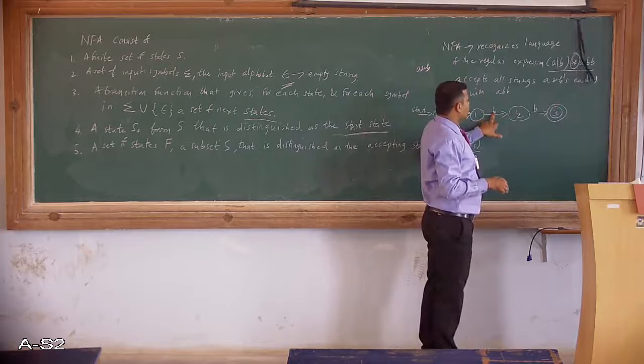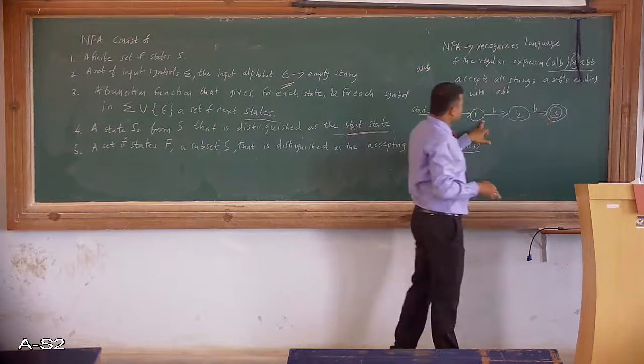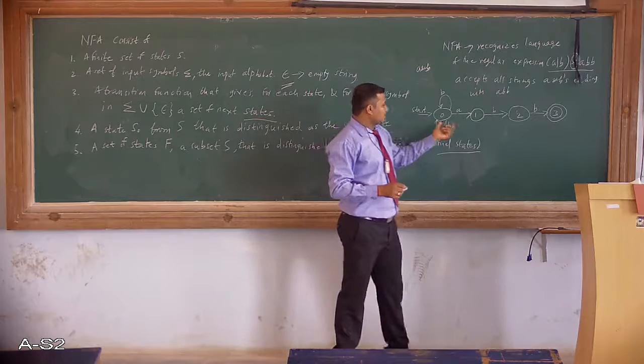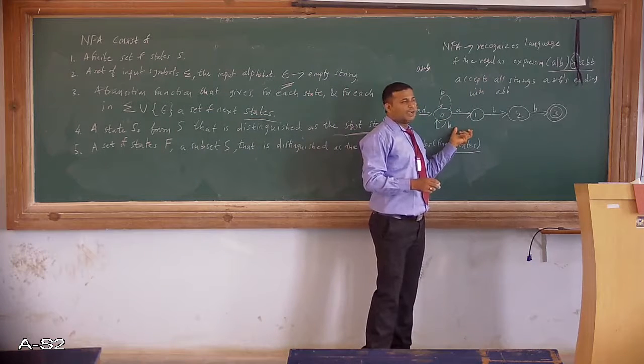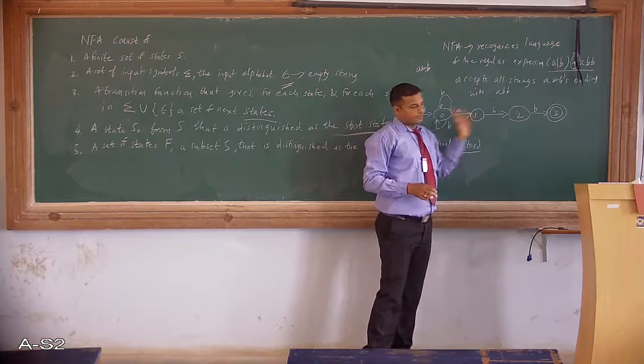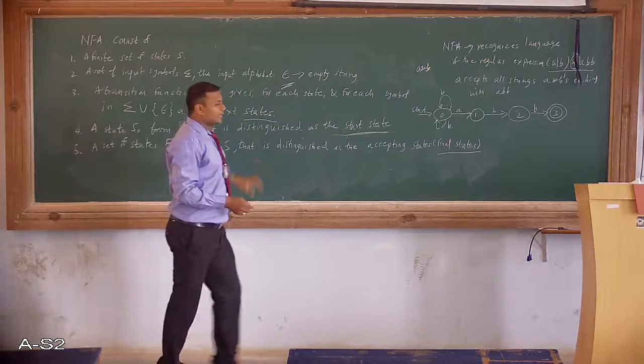Then similarly for the input of B, it is going to give the next state. Now this is going to recognize a string consisting of the alphabets A and B and ending with the string ABB. Okay, so this is one example of a non-deterministic finite automata.